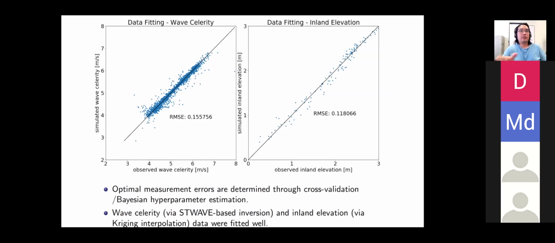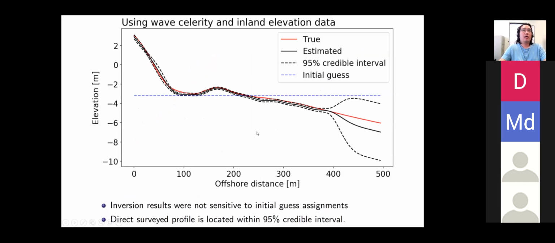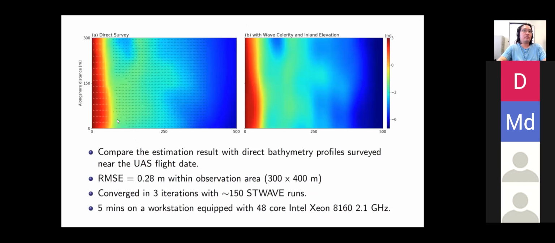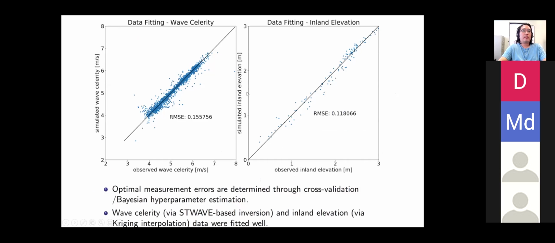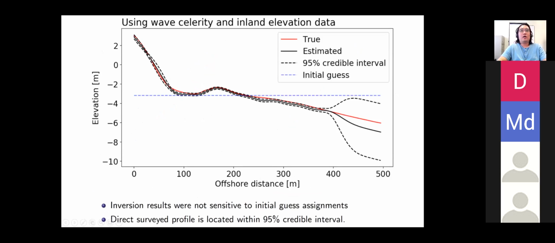So this is data feeding of wave speed and inland elevation, which is great, and other parameter estimation is done here. For one profile, one location, you clearly see that the true direct sampling is quite consistent with the estimated one.